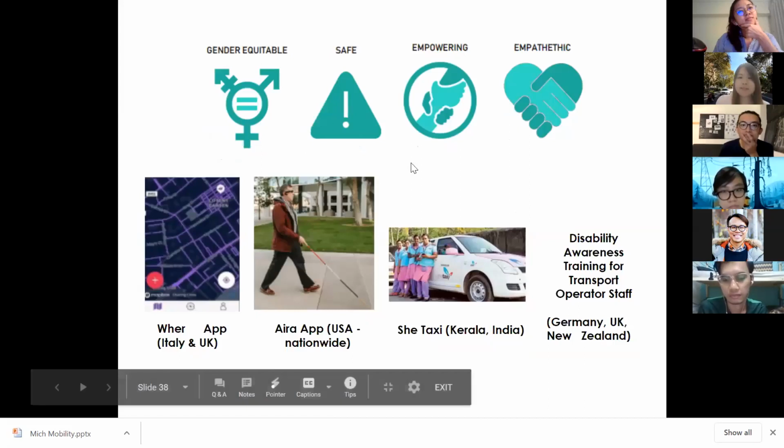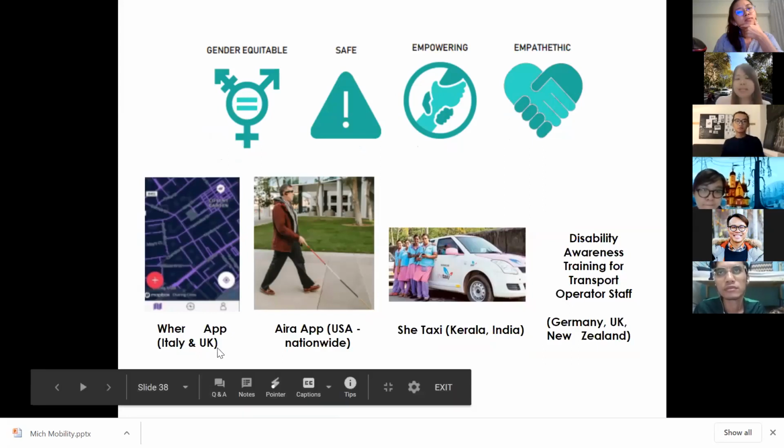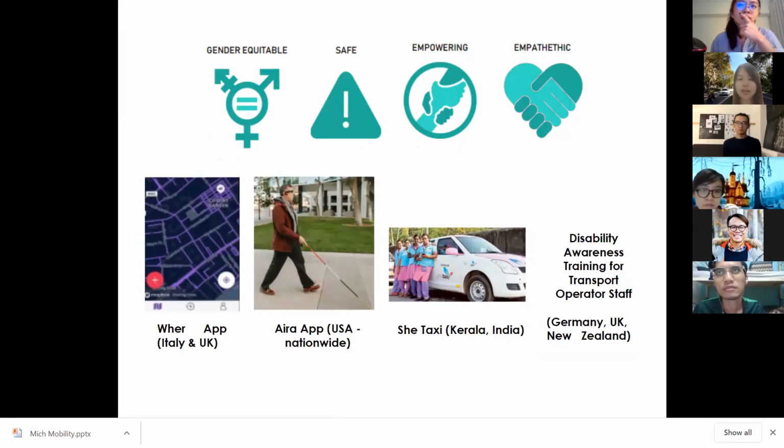And for this aspect, we often overlook it, but it is equally important as well: gender equitable, empowering, and empathetic. So this Where app is a crowdsourced platform for information, where you could evaluate the space for its safety and also obstacles.